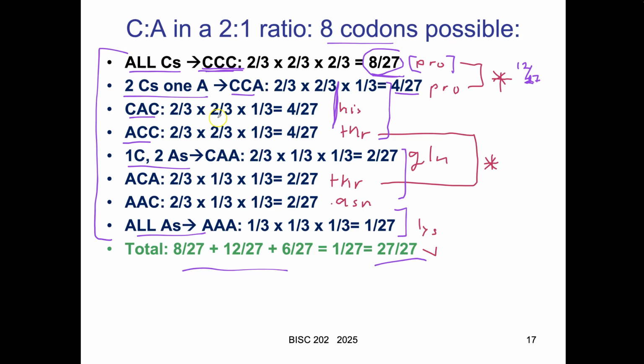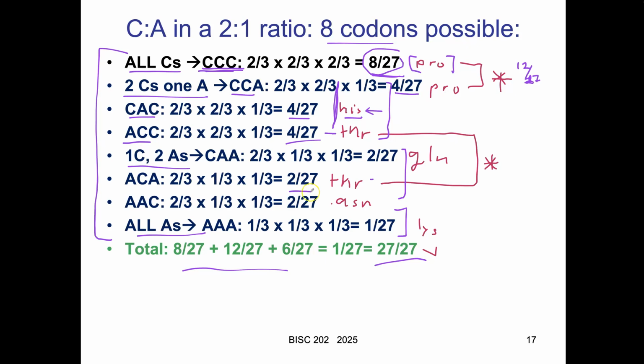And then if we looked at histidine, we would find that histidine has this proportion. So we would know that this is one of the 2 C's and 1 A. And then threonine, this codon and this codon, so we would see that it was 6/27, so we would know it was one of these and one of these.